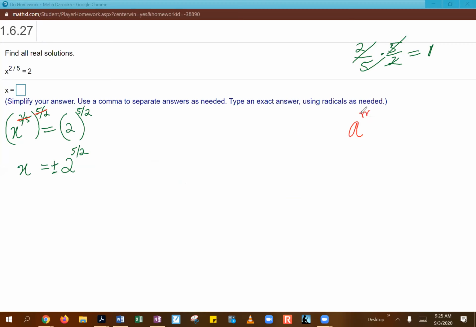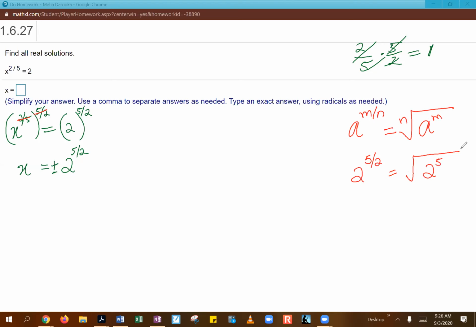This is happening because if you look at the general form of a raised to the power of m over n, n is telling you what kind of root we have. That's the index of your radical, and we have a raised to the power of m. So technically when you have 2 raised to the power of 5/2, that bottom 2 in our fraction is telling us that we're looking at a square root, and we have 2 to the 5th power on the inside.